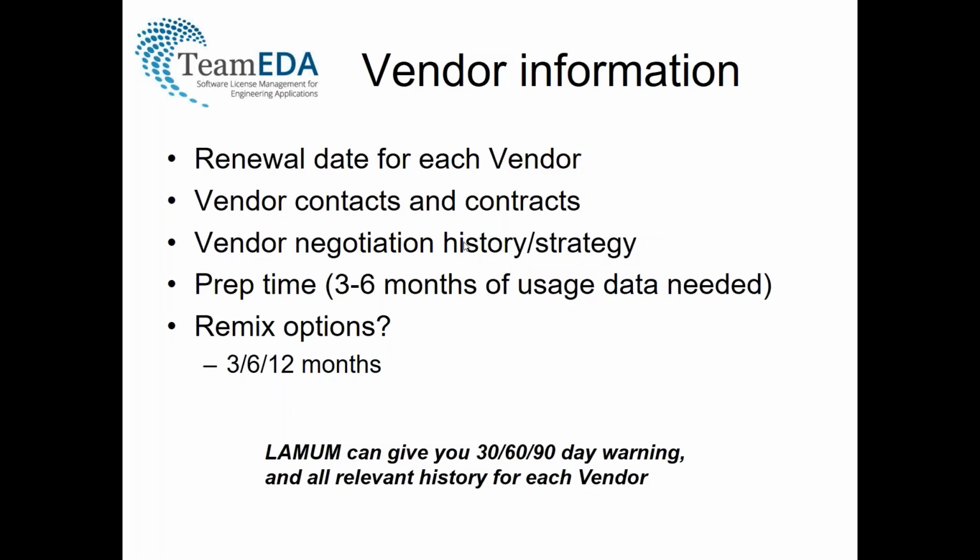We think 3 months is a minimum time to prepare to meet with the vendor. And that includes not just reviewing the history with that vendor, but also looking at the usage of their tools over the last, say, 3 to 6 months to determine your needs. And so you can save money by being better prepared.